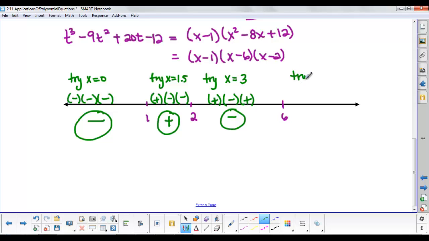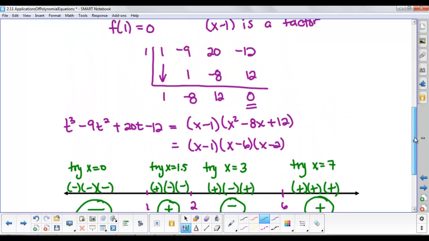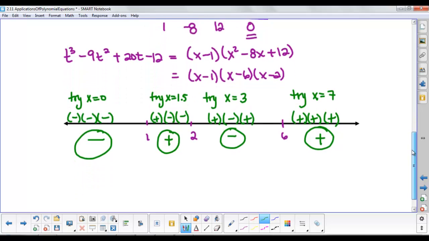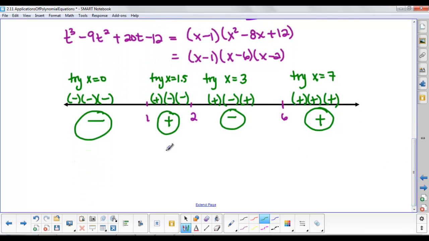And then finally we'll try anything greater than 6. Subbing in 7 into each one of these brackets will give us all positive values. So 3 positives multiplied together gives us positive. So looking back at our statement above, we want to find when this cubic is greater than 0. So when we're taking a look at our sign line, we want to look for anything that is positive.